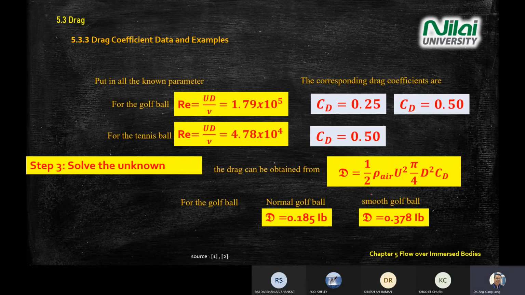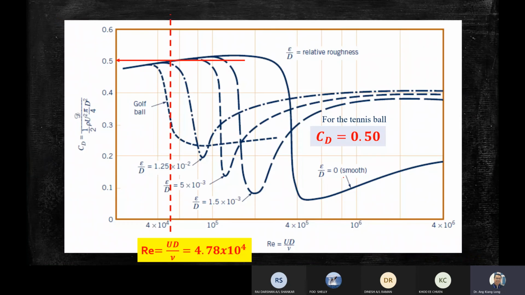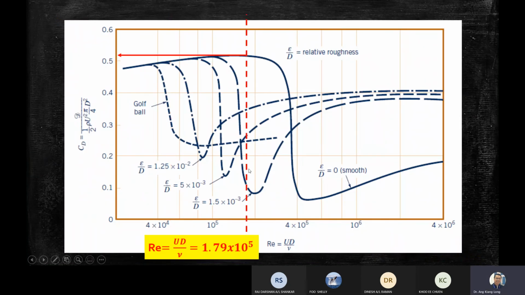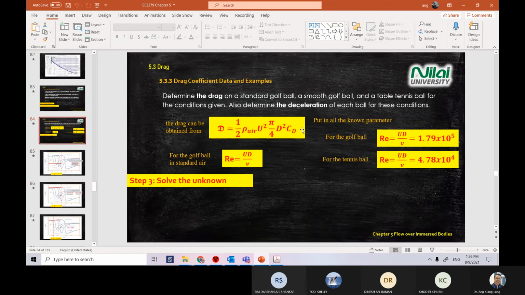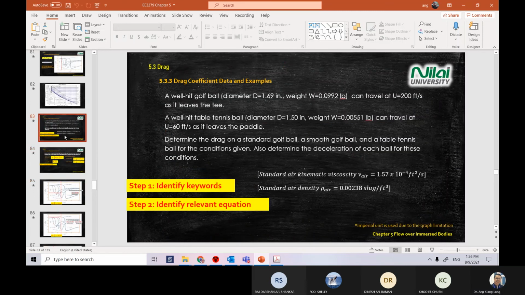How do you get the drag? The drag you found just now. These 3 values here, by using the drag equation. How do you find the weight? Let's look back at the question. Okay, the weight is given in the question.